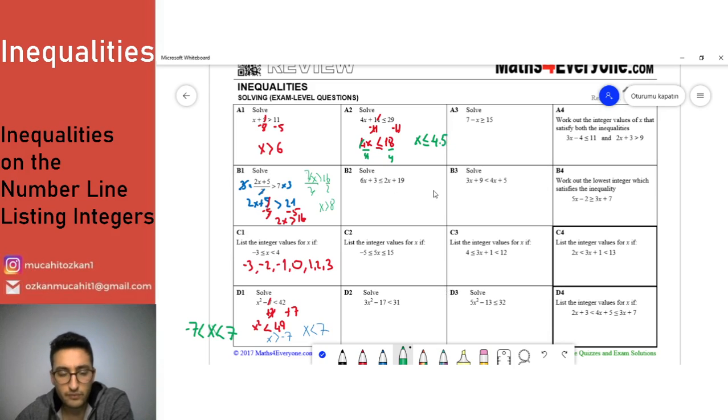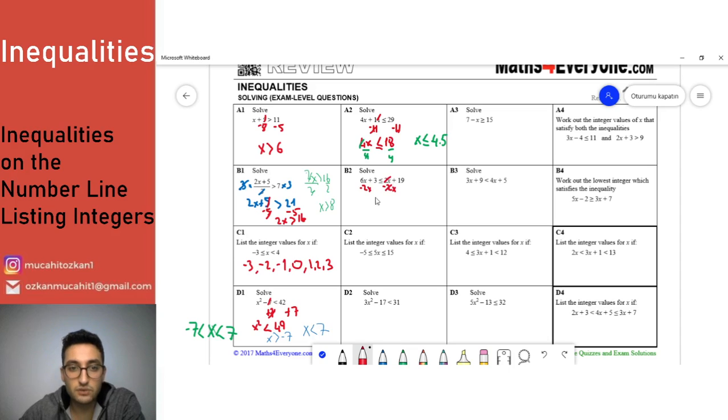B2, we have x values on the left side and on the right side at the same time. Don't forget the purpose. I want x values on one side and the numbers on the other side. That's why I'm gonna subtract 2x from both sides first to get rid of 2x on the right side.